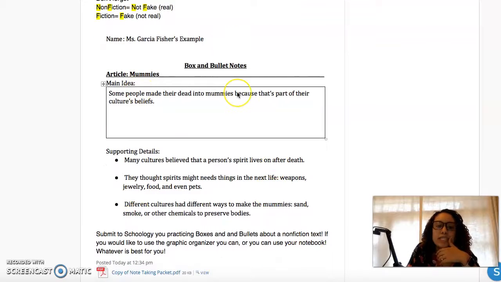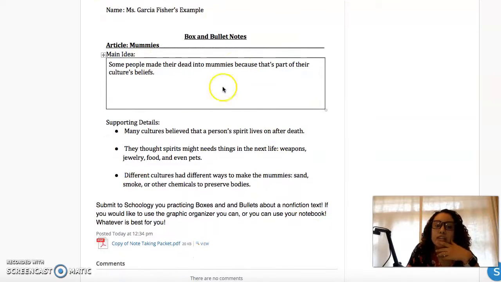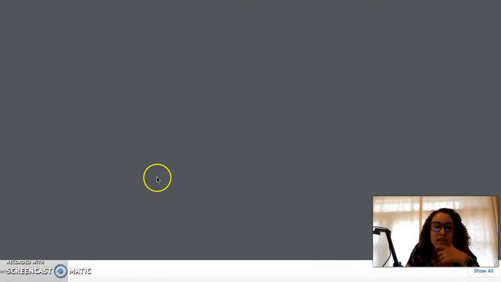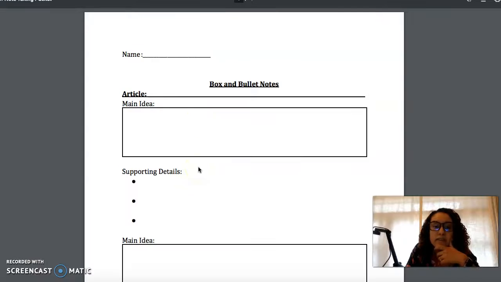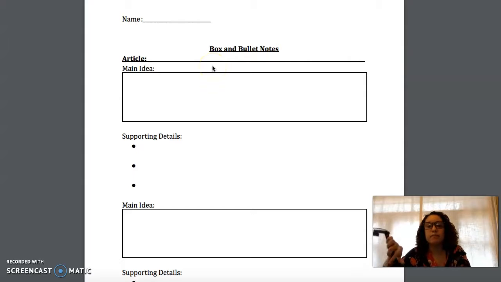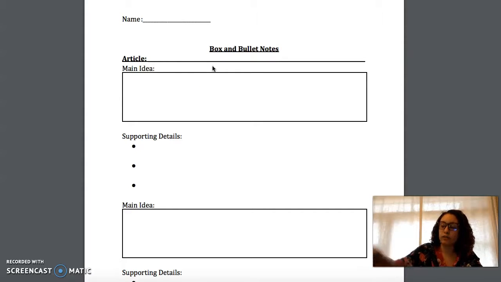So this is one example of the box and bullet note-taking method that you can see right in front of you. And I did include a PDF for you so you could take it to Notability if that is what makes your life easy. So right here you're going to see the article, you're going to put the nonfiction text. Mine is mummies for this example. And then think about what supporting details you can include.